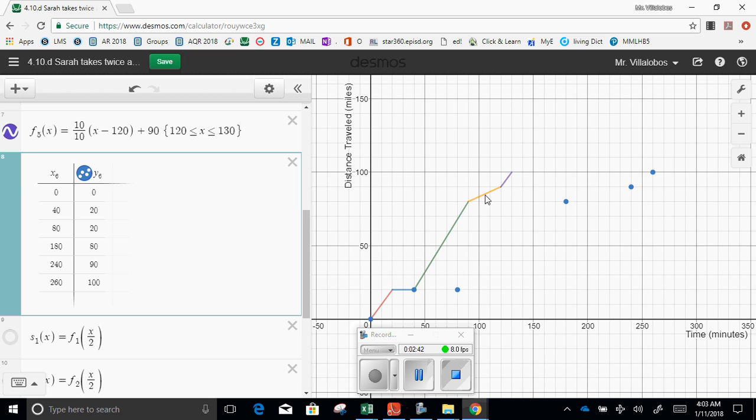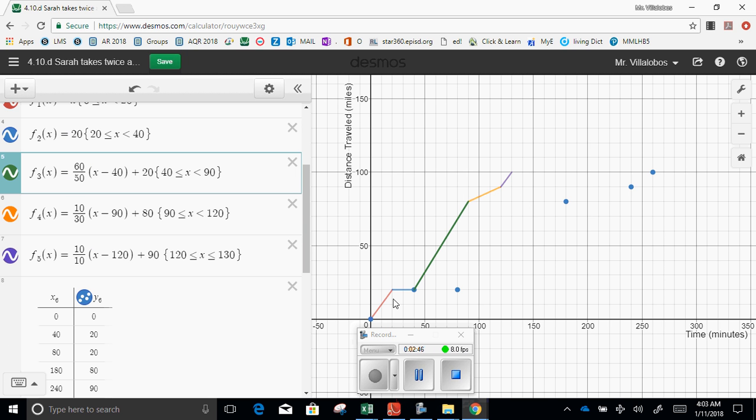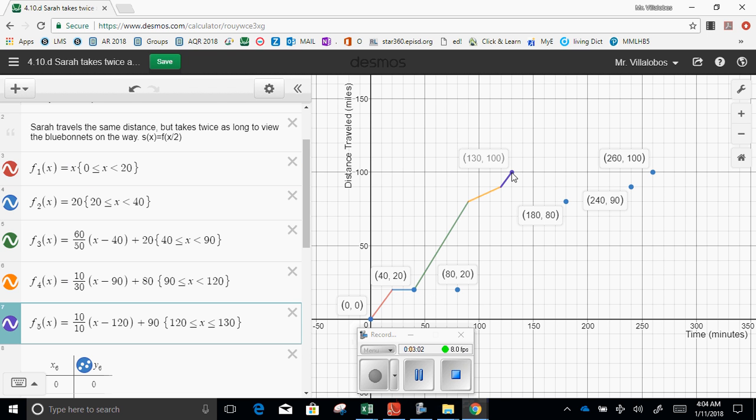So these points are further away than they were before. 130 is now at 260, and 120, 90 is now 240, 90.